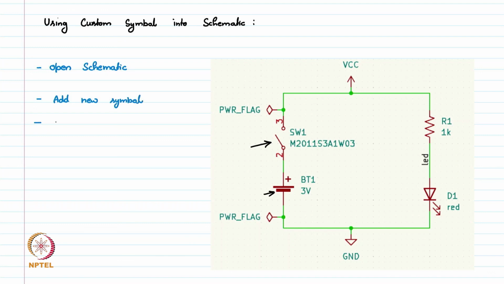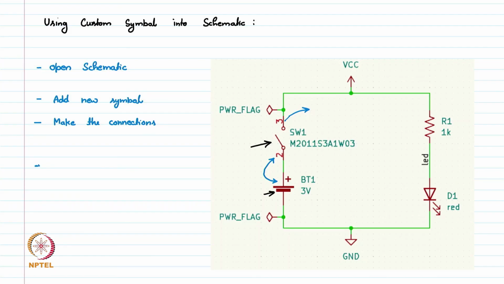After adding this, we need to make the connections. For example, this pin 2 is connected to the battery terminal and this pin 3 is connected to the resistance. So we make the electrical connections.